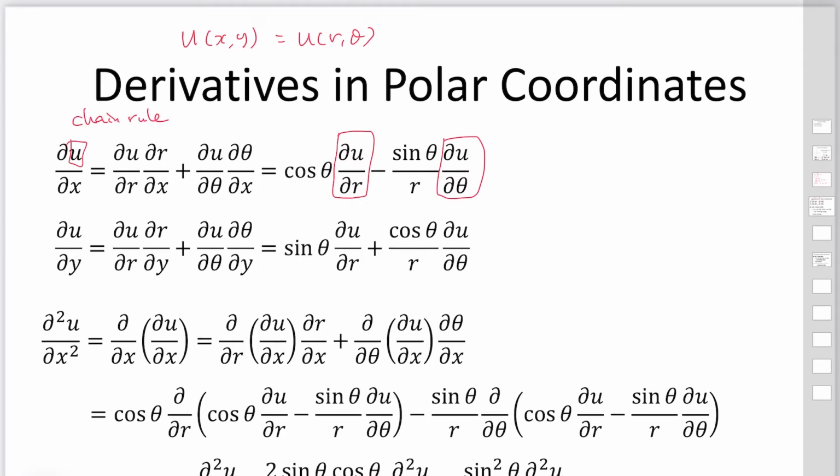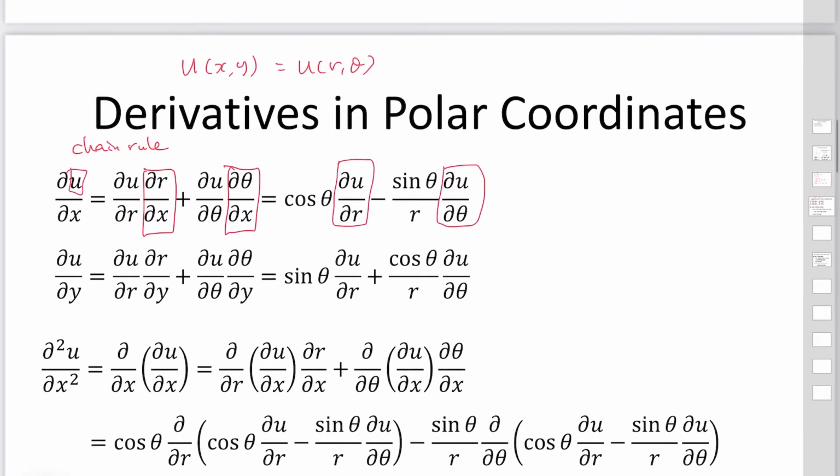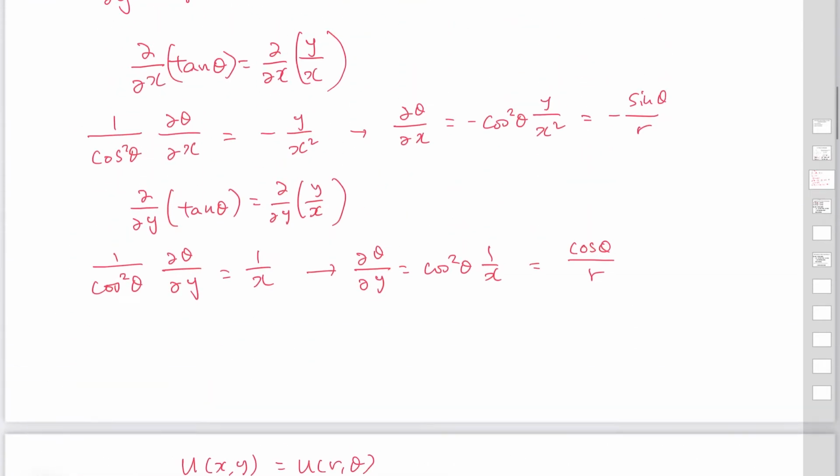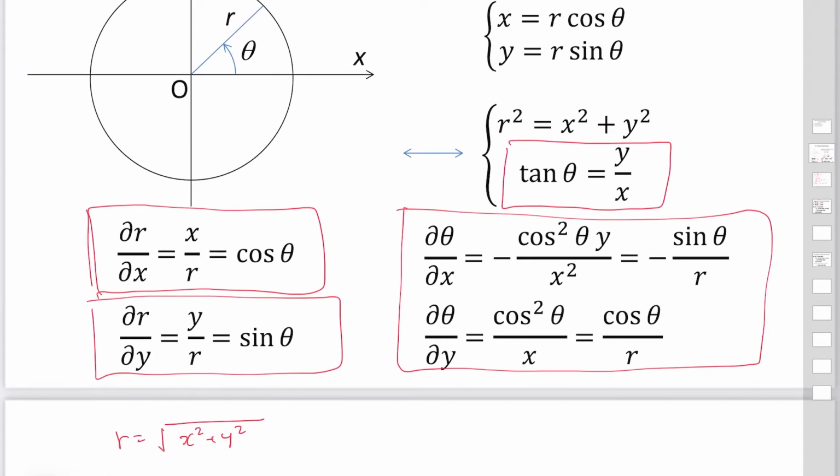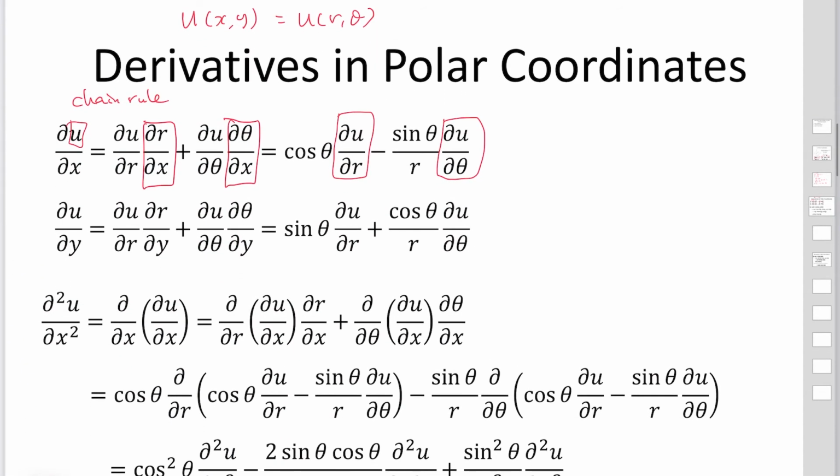So we multiply partial u partial r by partial r partial x, plus partial u partial theta by partial theta partial x. Partial r partial x is cosine theta from this equation. Partial theta partial x is equal to minus sine theta over r. So you can substitute those equations. Then we derive this equation.